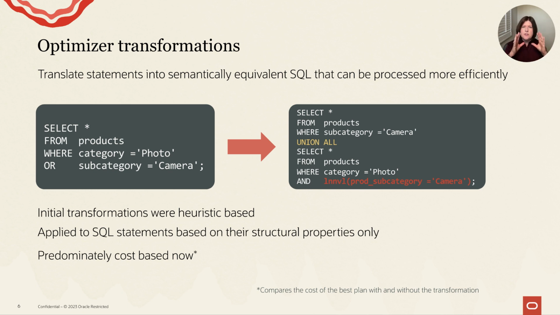Basically, it means if your SQL statement had a certain shape, then it would always transform that query in a certain way. But in more recent releases, those transformations have become cost-based. That means we'll look at the execution plan for the SQL statement without the transformation, and then look at the lowest cost plan with the transformation, and we'll pick the plan with the lowest cost between those two.